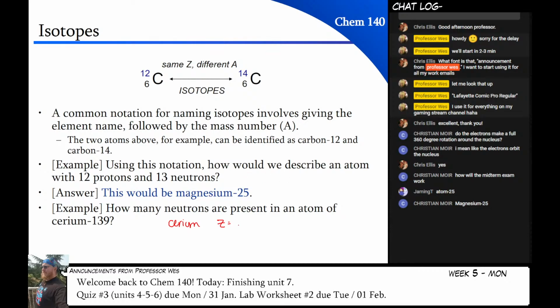And you got to find out how many protons it has. And finally, if you just subtract the mass number minus the atomic number, you get the number of neutrons. And so that would be 81.